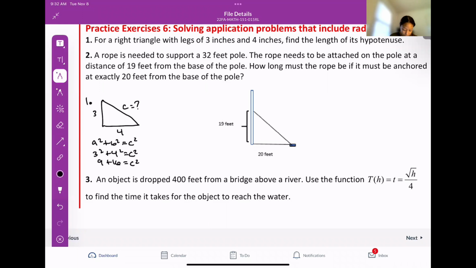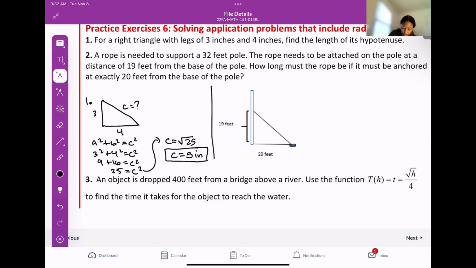And then 25 is equal to c squared. And you might be thinking, what on earth does this have to do with radicals? When we get to this part, you see what it has to do with radicals. In order to solve for c, we have to take the square root. So if c squared equals 25, then c is going to be equal to the square root of 25, which is 5 inches. So in this case, the hypotenuse would be 5 inches.